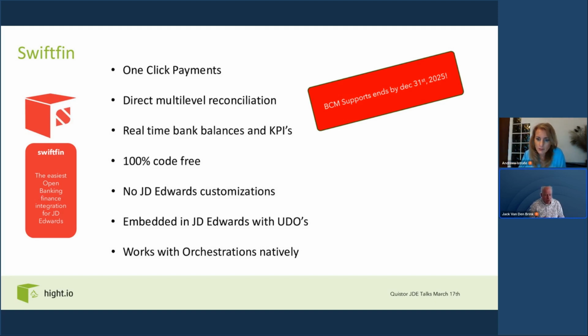So instead of sending a bank file across, we have an API integration with your bank account, which makes it possible to see bank information on the fly. But now with the BCM support ending, we also added reconciliation in there. So now the things you could do with BCM, you can also do with our solution.